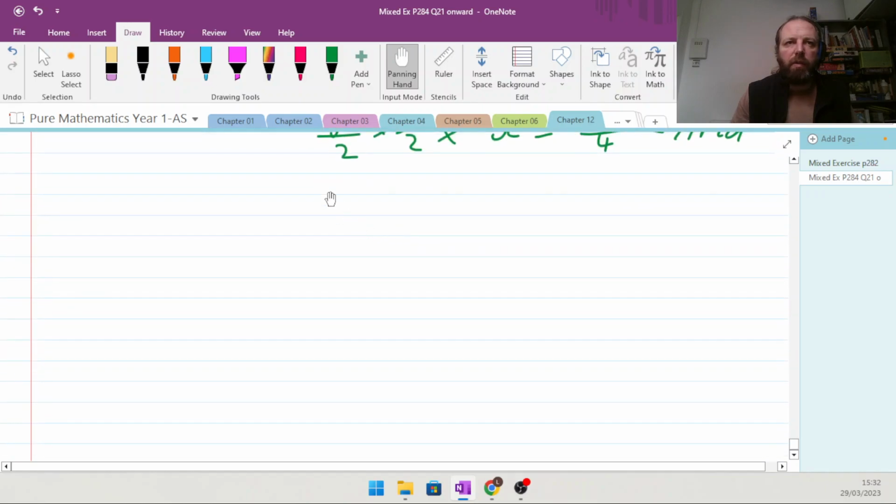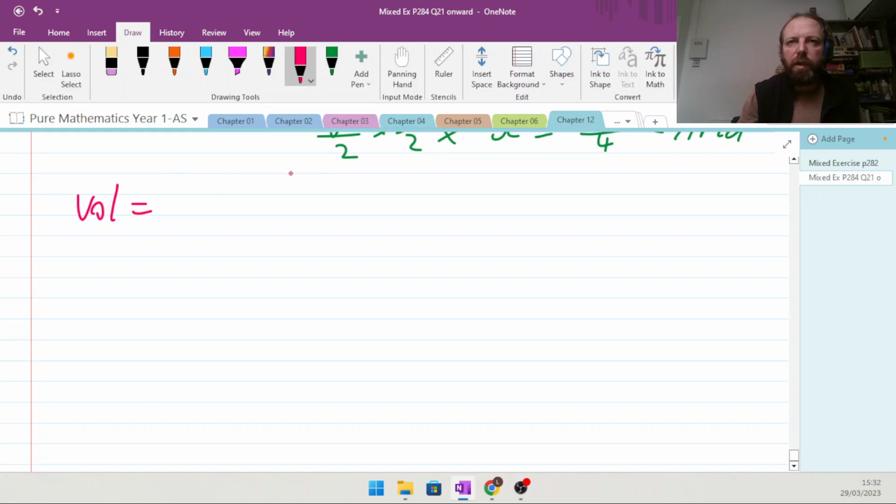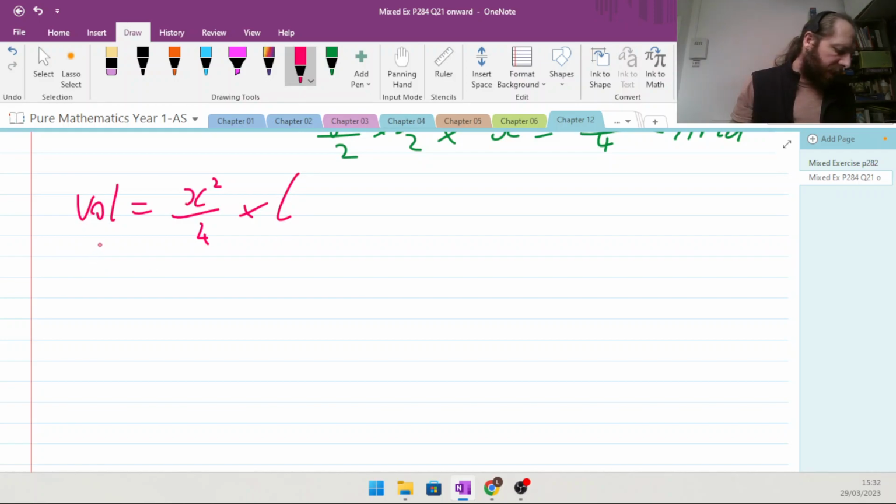Given the capacity of the container, the volume is equal to the area we just worked out, x squared over 4, times the length of the entire thing. So 4,000 divided by x squared over 4 is equal to the length.